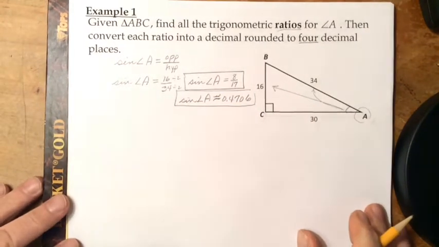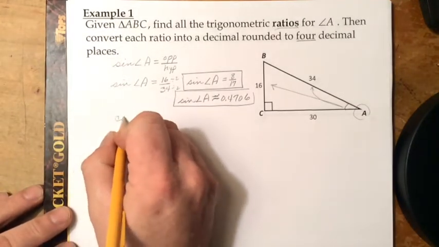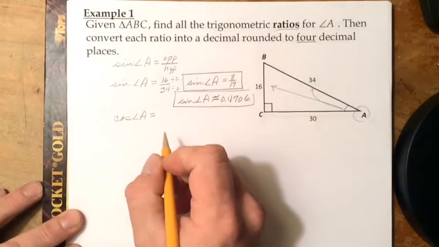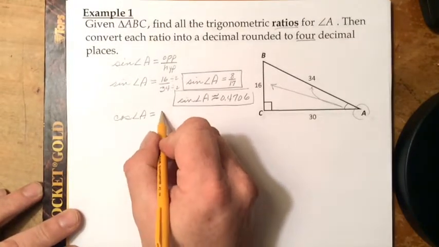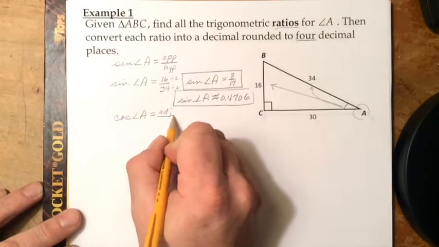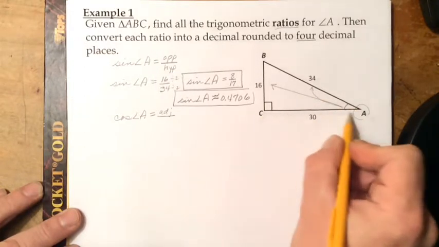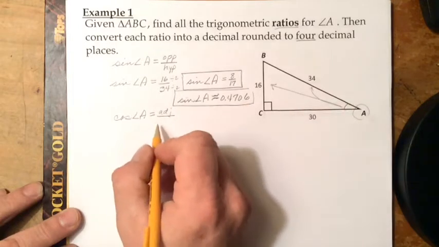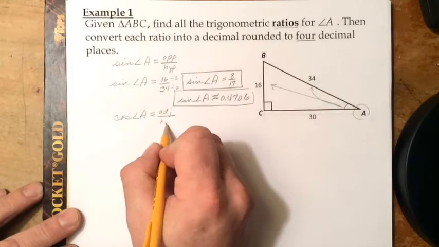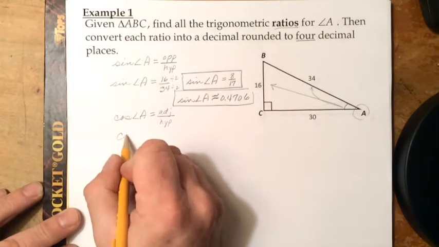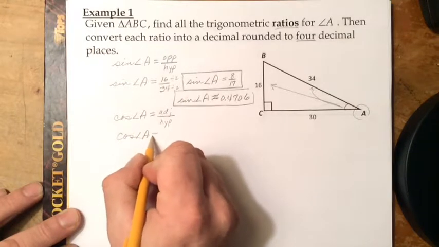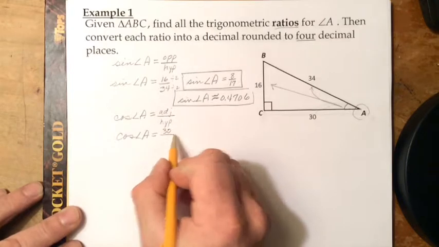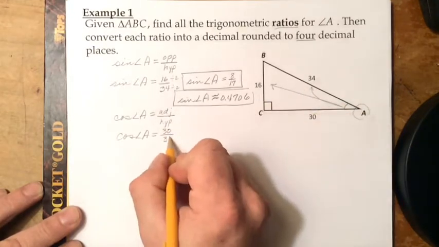Going on to cosine, the cosine of an angle, in this case angle A, is defined as the side that's adjacent to that angle, this one right here, CA, to the hypotenuse. Once again, the hypotenuse is AB. And so the cosine of angle A is equal to 30 over 34.